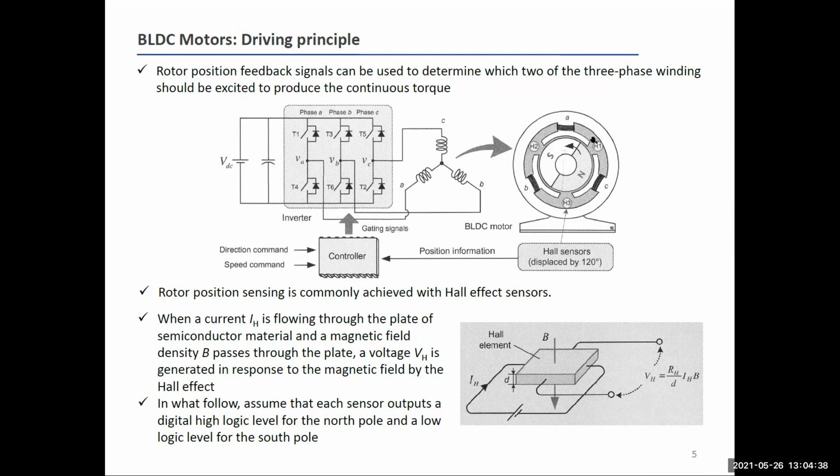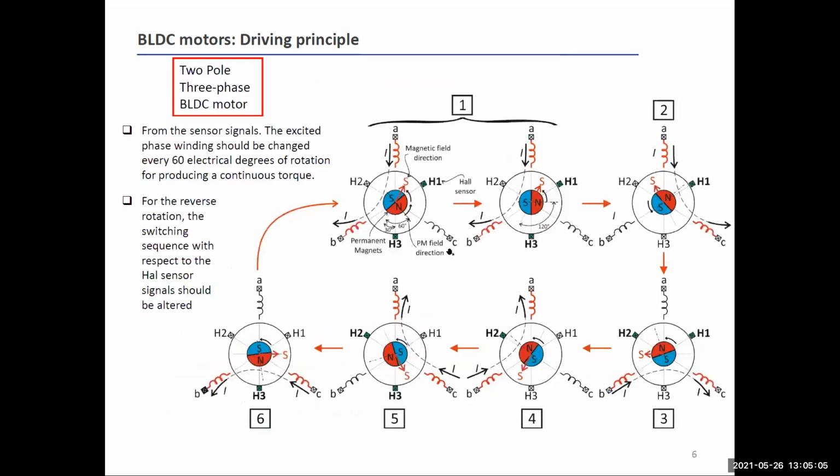In this explanation, I put H1, H2, and H3 in that specific configuration of a three-phase, two-pole BLDC motor, shifted by 120 degrees, and they provide a useful digital signal that can be used to generate the control signal in order to understand which is the correct phase I have to energize. So for example, this discussion is made here by considering which two of the three Hall effect sensors are activated, etc.